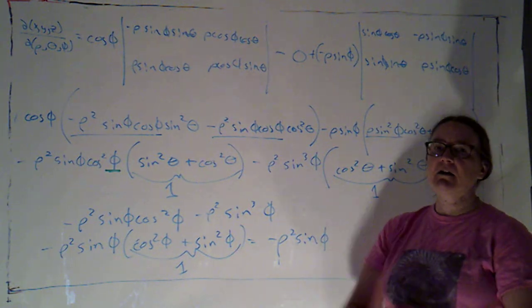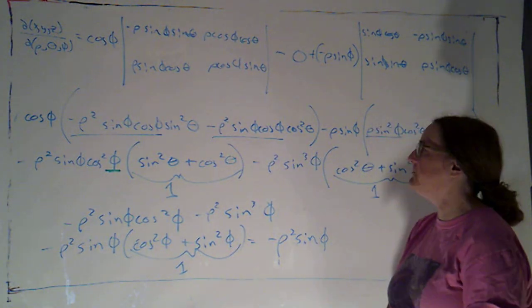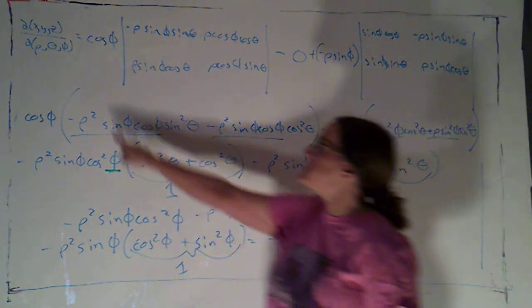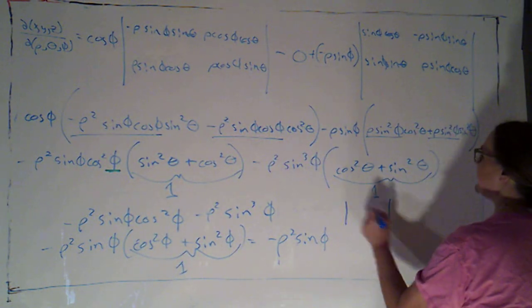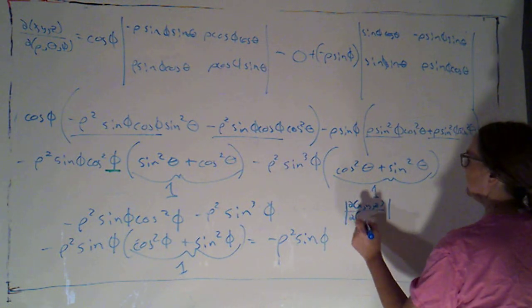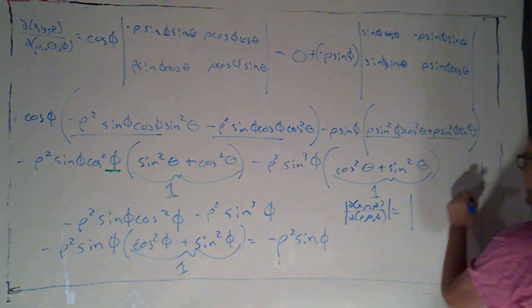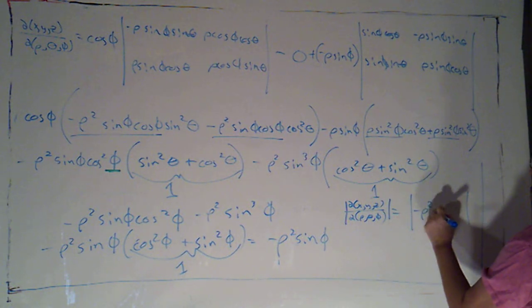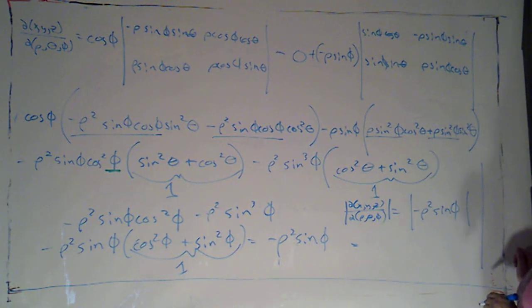At which point our hearts might sink because we know the scaling factor is supposed to be rho squared sine phi. But this was just the Jacobian. The scaling factor is the absolute value of the Jacobian. So that's going to be the absolute value of negative rho squared sine phi. Now, the absolute value kills the negative sign.